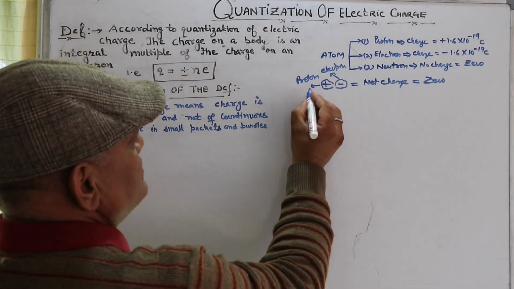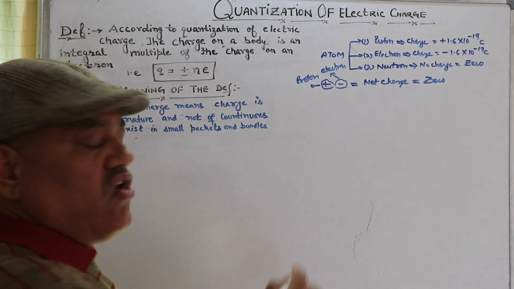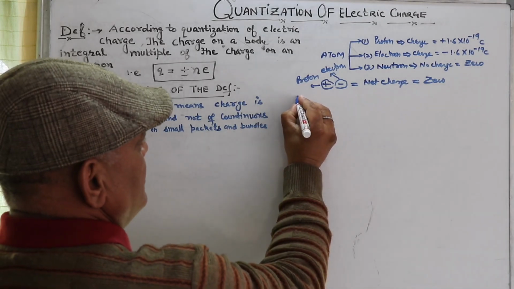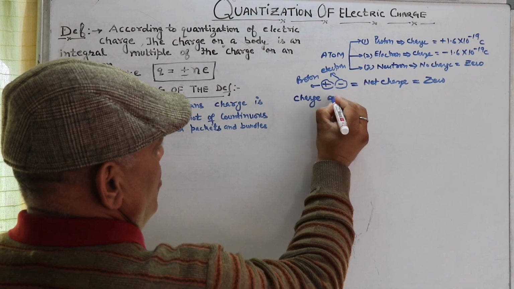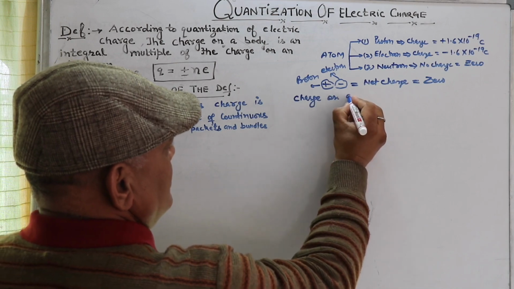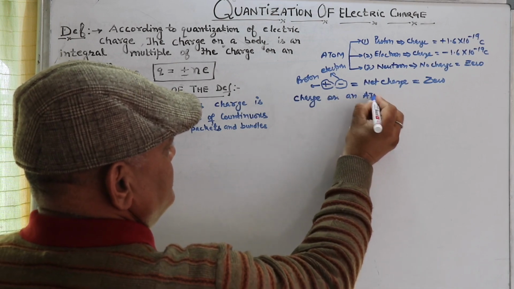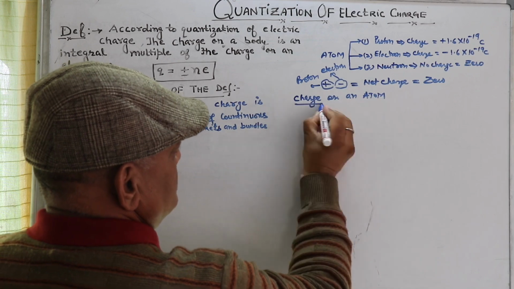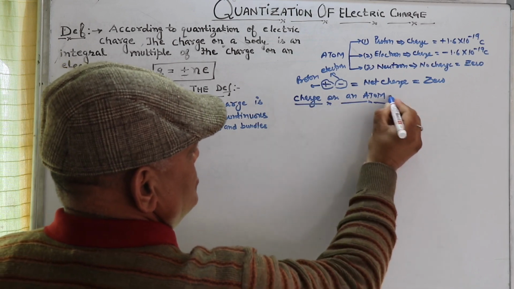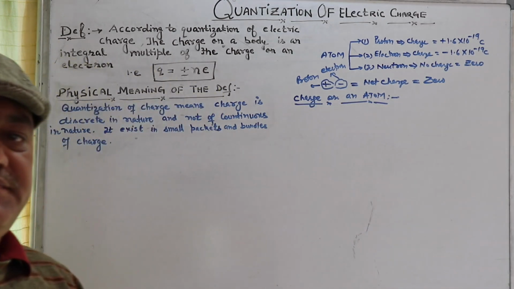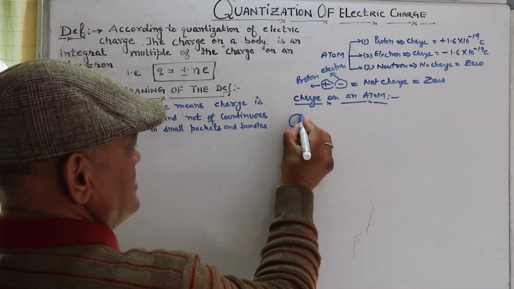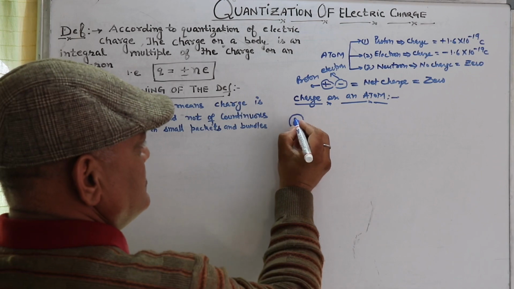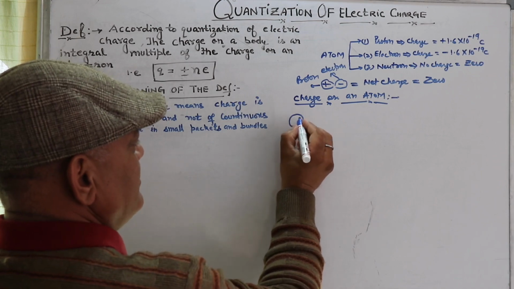Now we will find the charge on an atom. Now we know that an atom is a neutral particle.